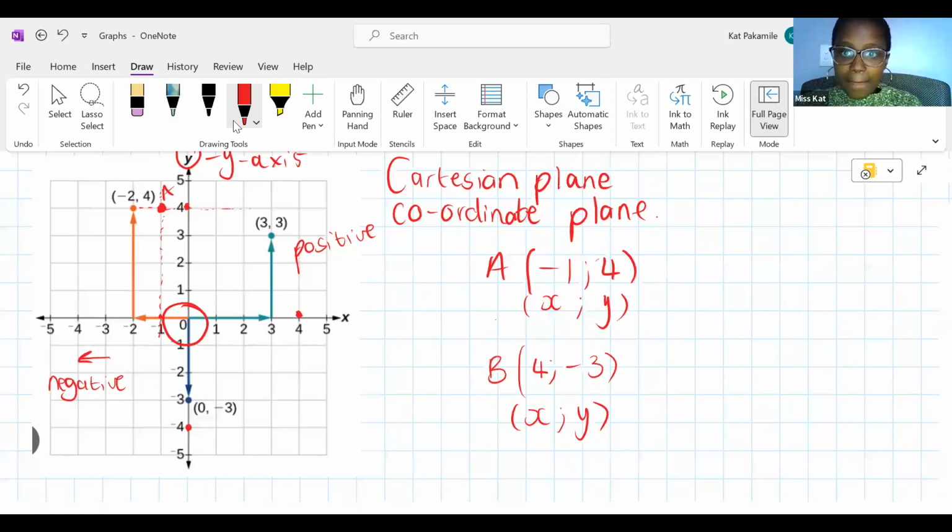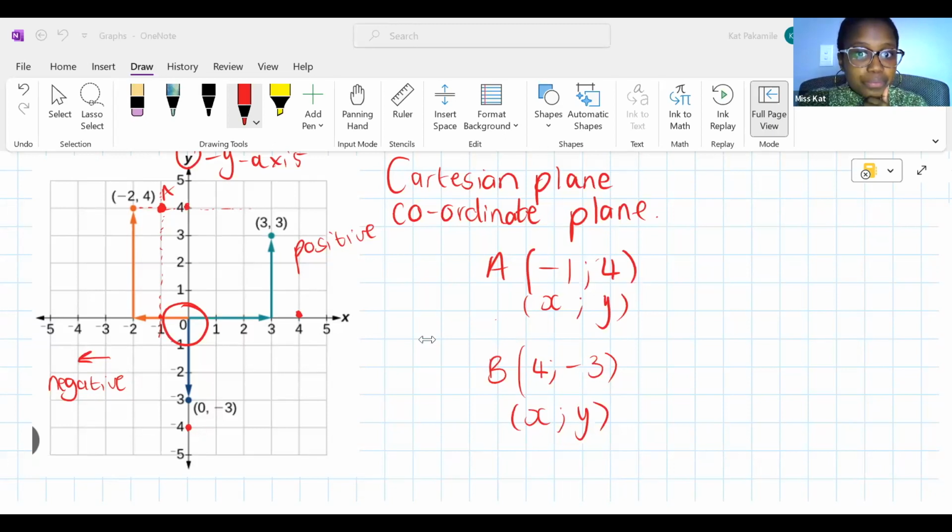It cannot be in the middle. Oh, you're saying the 0. Yes, the 0 is in the middle, Bushe. So if we're looking for a negative y value, remember y is the vertical one, the up and down one, then it has to be below. Do we see? Lesego, do you have a question?